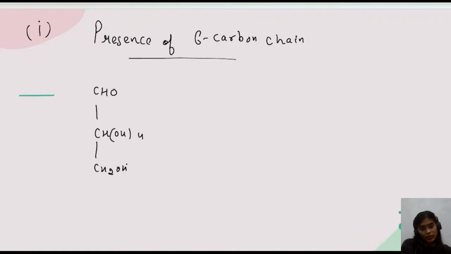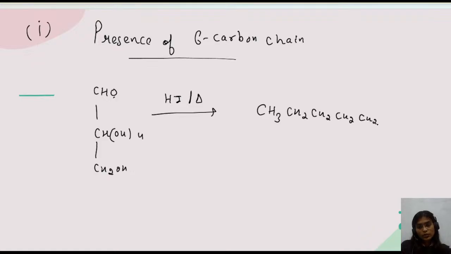The structure part, I guess you already know because we discussed it in the previous class. In this, if I add HI, be noted, if you use hydrogen iodide and heat it as well, we end up with hexane. All the OH groups, every oxygen part, simply reduces, and we get CH3, CH2, CH2, CH2, CH2 and CH3.